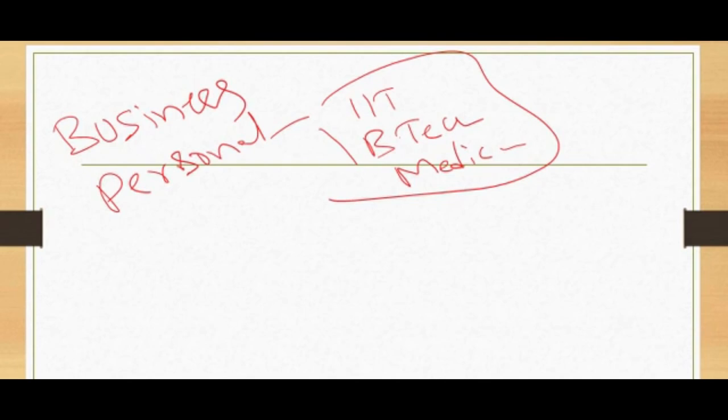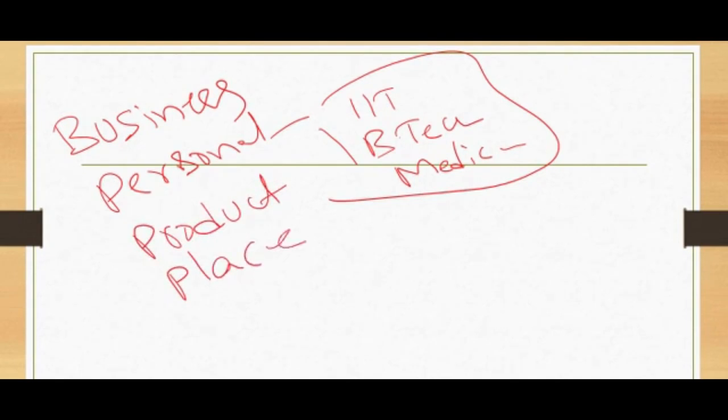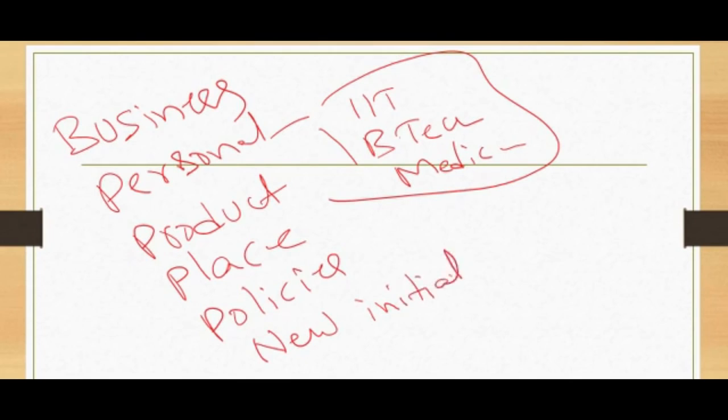You can do SWOT analysis for a product, for a place, or some policies, or some new initiatives, right? For all these things, we can do SWOT analysis, right? So we can even do this for any kind of decision making.